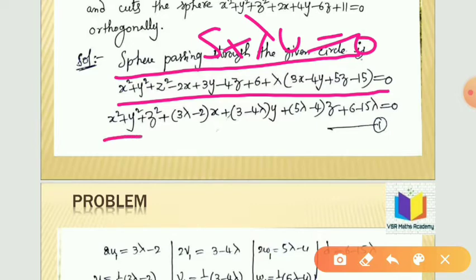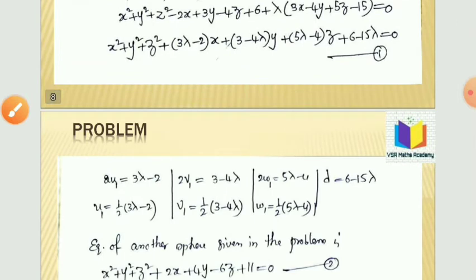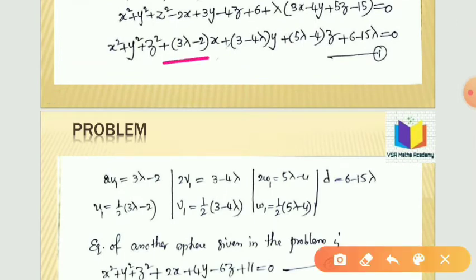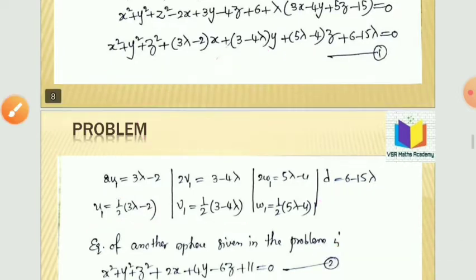So on simplification you can write, let's say this is 1. 2u1 is equal to 3 lambda minus 2, and hence compare this sphere with S1 is equal to 0. Therefore u1 can be written like this. This is 2v1, therefore v1 is equal to half 3 minus 4 lambda. This is 2w1, therefore w1 is equal to half 5 lambda minus 4. And also d1 is equal to 6 minus 15 lambda.